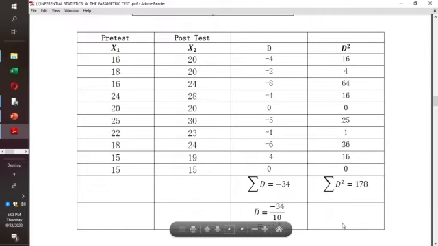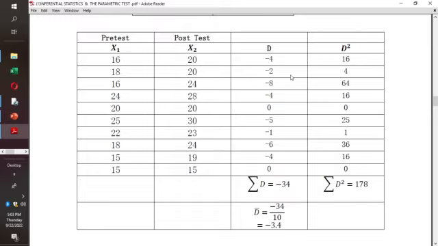In the third column, the difference of the pre-test and post-test: 16 minus 20 is negative 4, and the square of negative 4 is positive 16.